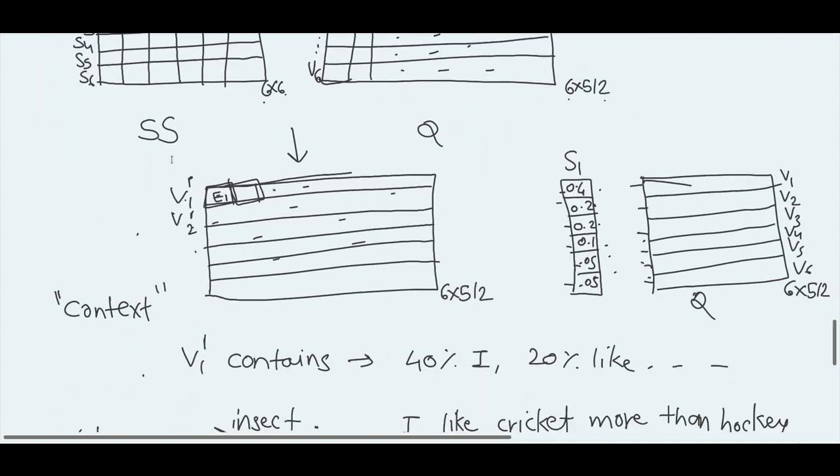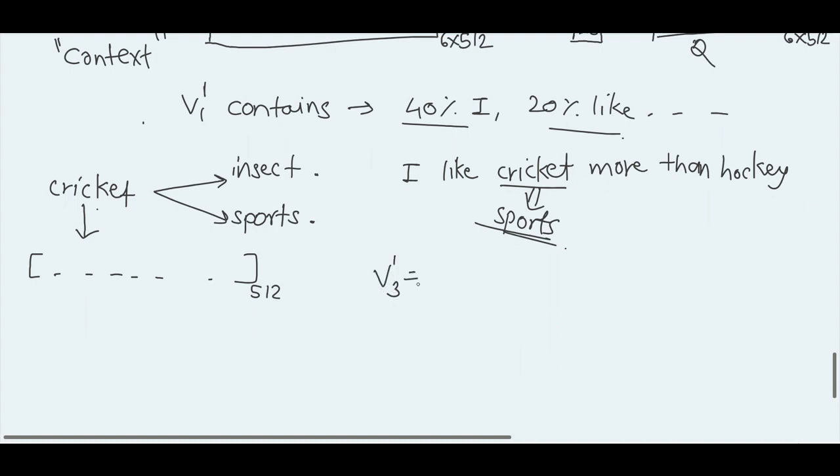And that is why we created a new set of numbers. These new numbers contain the other words according to their similarity scores. For example, the new word embedding for cricket will contain 40% of its original numbers, here it is 0.4 times v1. And it will contain these other numbers as well in small amounts, and mainly you can see that it contains, suppose, 0.3 times the word embedding of hockey.